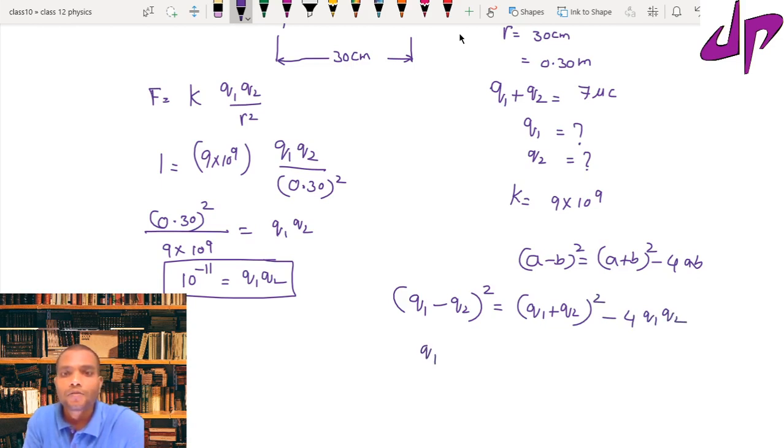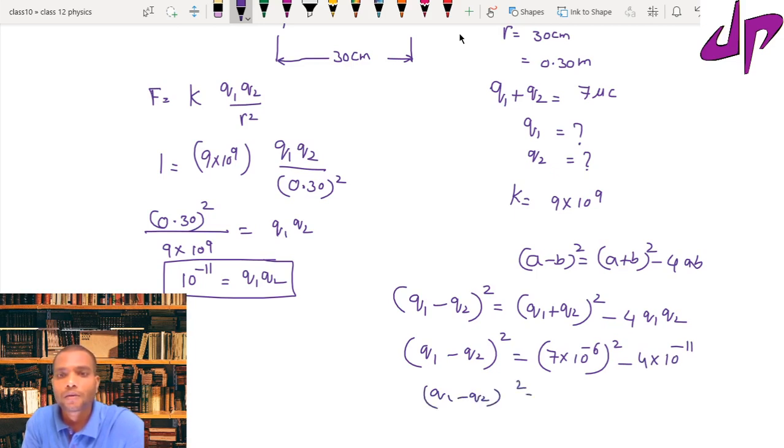Now plug in the values. Q1 minus Q2 whole square equal to Q1 plus Q2, 7 times 10 power minus 6, whole square, minus 4 times Q1 Q2, 10 power minus 11. So if we multiply, 49 times 10 power minus 12 minus 4 times 10 power minus 11.